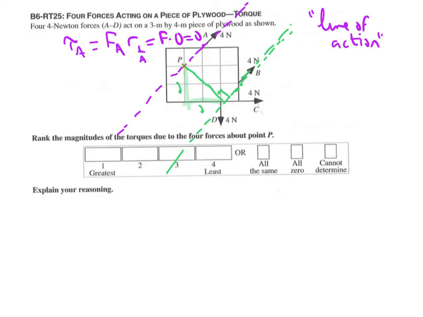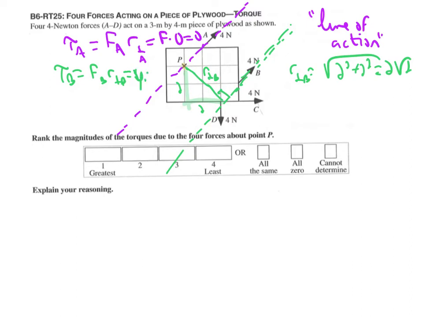So this distance here, our perpendicular B, is going to be the square root of 2 squared plus 2 squared, which is 2 root 2, a number somewhat bigger than 2. It's about 2.8 or something like that. All right, so the torque for B is going to be the force of B times the perpendicular distance for B, which is the 4 newtons times 2 root 2.